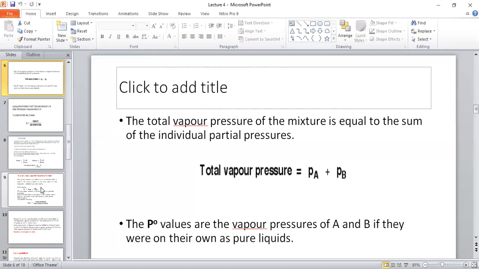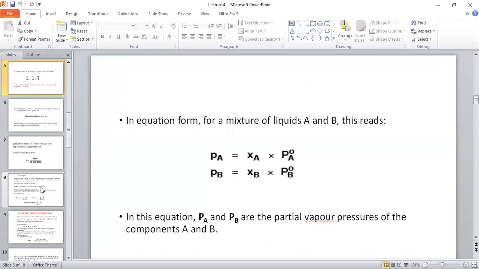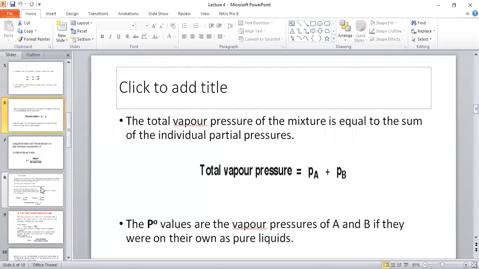Like I showed you in the previous slide, for the two different liquids, the different partial pressures are PA and PB. PA is the partial vapor pressure for liquid A, which is equal to XA, the mole fraction of liquid A, multiplied by P0A, which is the vapor pressure of that liquid when it is on its own without being mixed. So we'll understand it as we go.